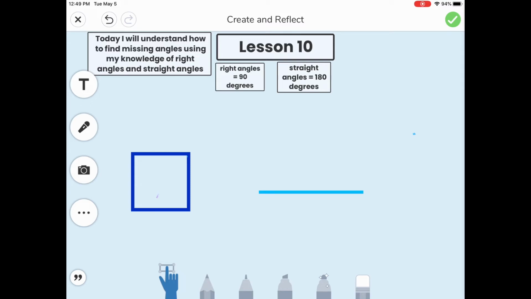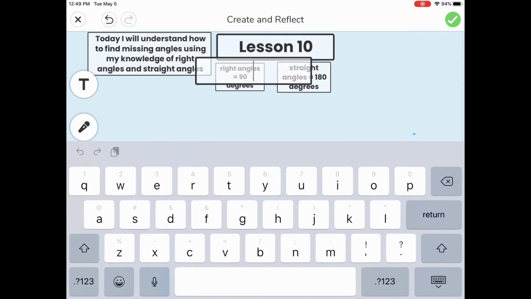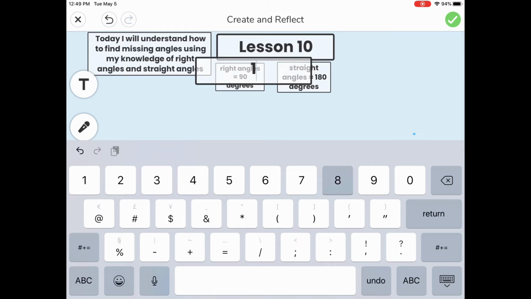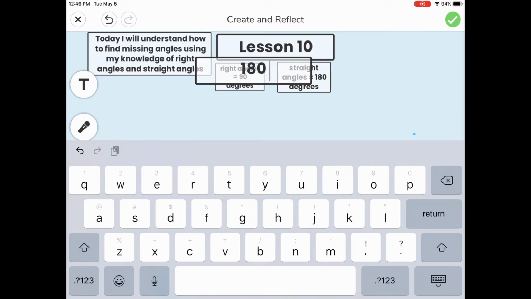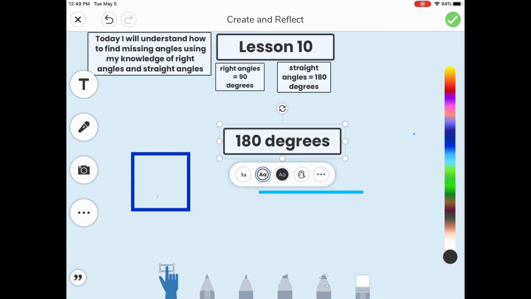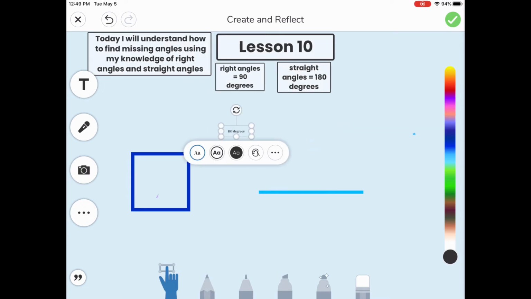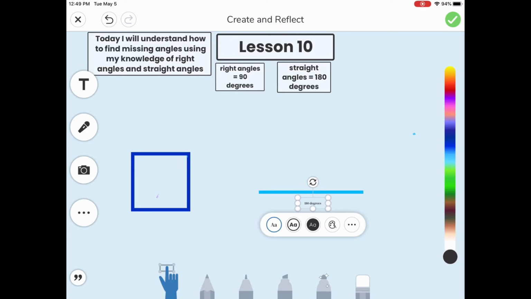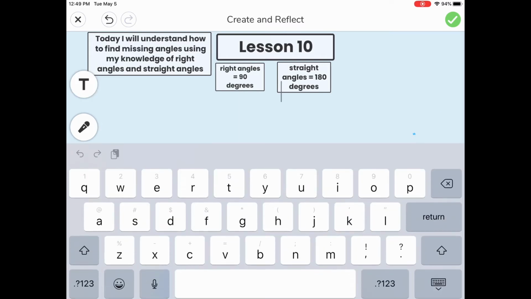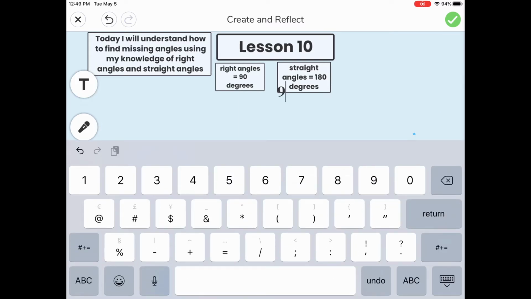So on this line, we now know that 180 degrees makes up what was to happen if we cut this like this, and we found out that this part of the angle is 90 degrees.